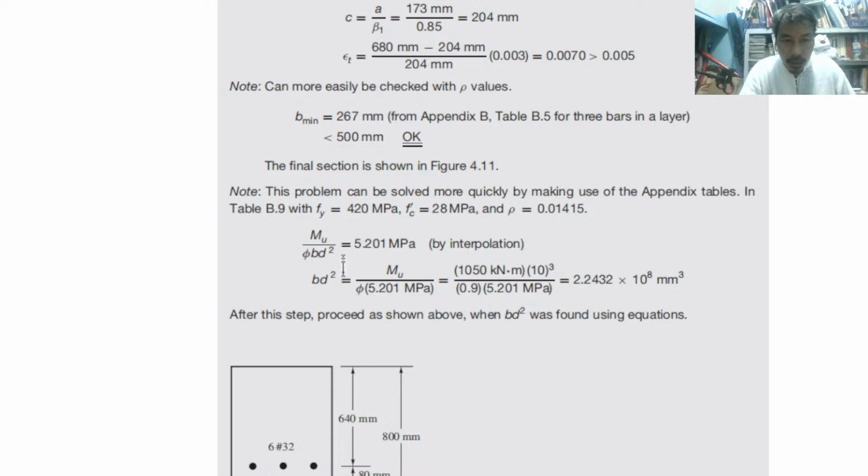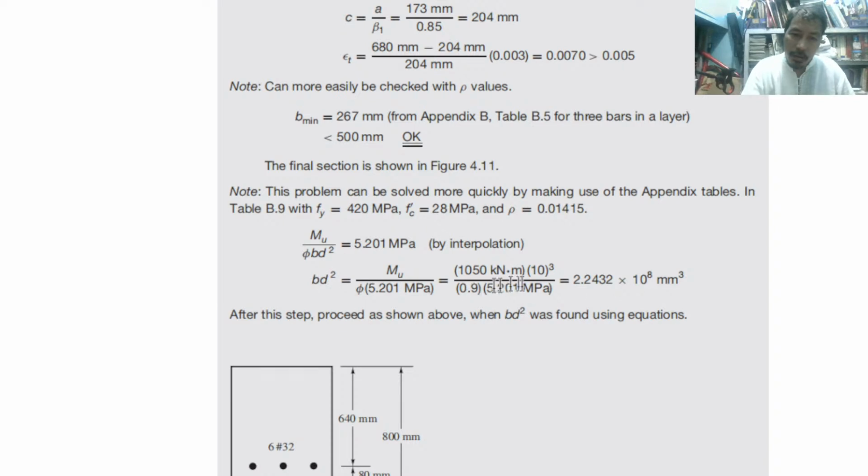So, again, using the tables and appendix, we can find out the Rn to be equal to 5,200 by interpolation. Okay, so using this, we can find out Rn, cross multiply to determine BD squared.